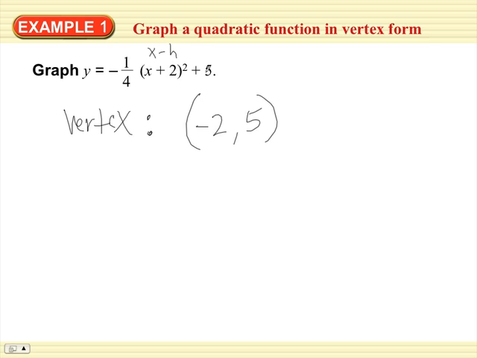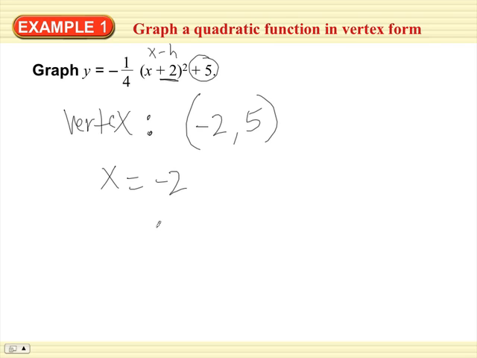So negative 2, comma positive 5. There we go. So if we know the vertex, we know the axis of symmetry. X equals what? Well, if we go back to our equation, what was it? X equals h. So therefore, x equals, here's our h, x equals negative 2. That should be the start of your graph right there.